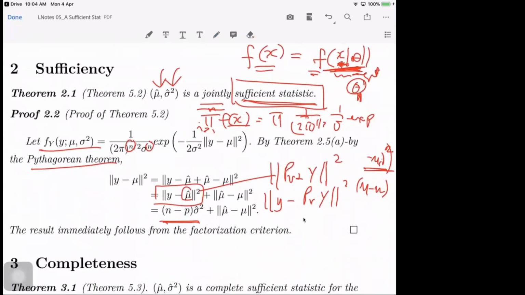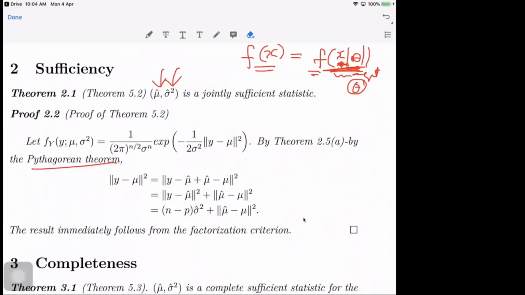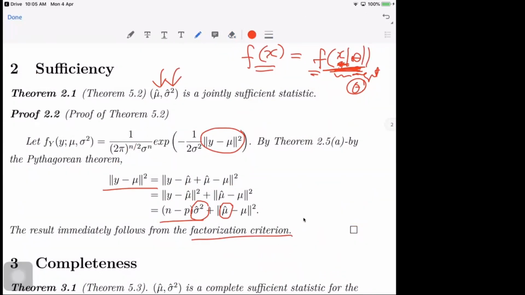So you can express now y minus mu, the probability density function, as a function of sigma hat square. So your parameters here are sigma hat square, and then a function of mu hat. So according to the factorization criterion in chapter 1, no?